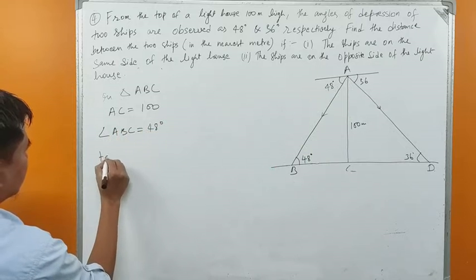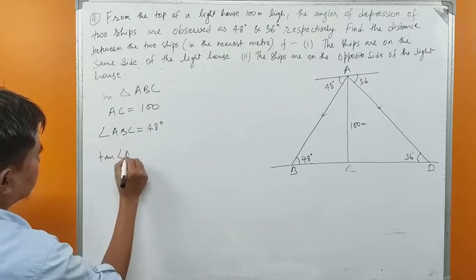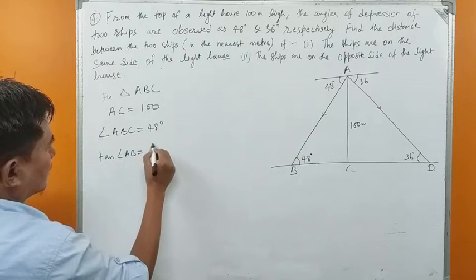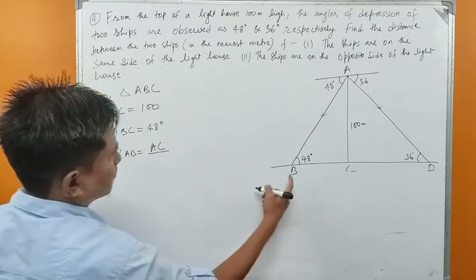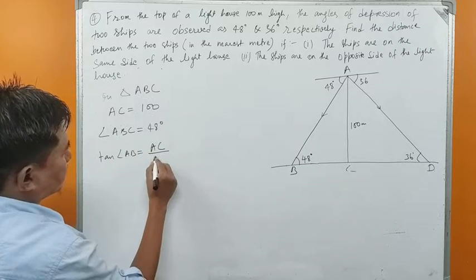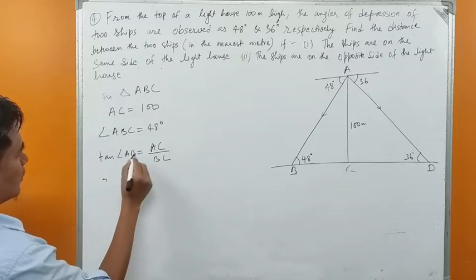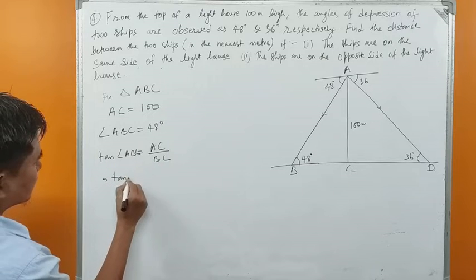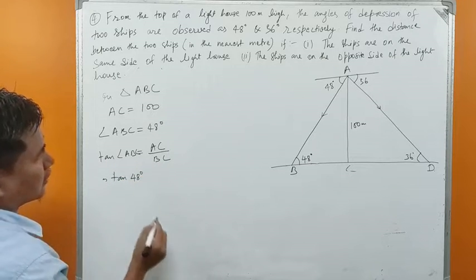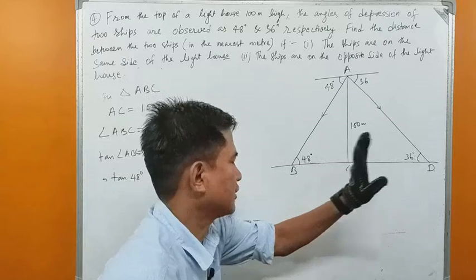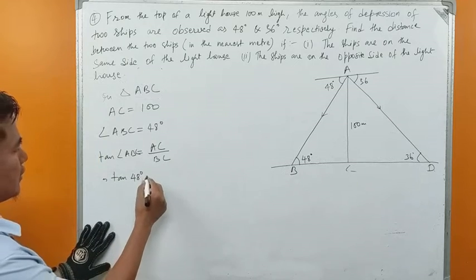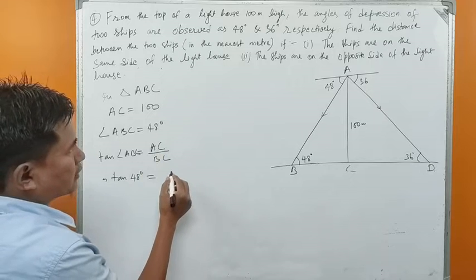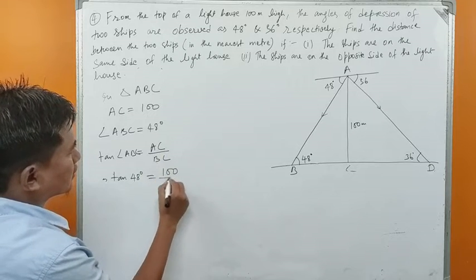So tan of angle ABC equals perpendicular AC by base BC. Okay, so tan of angle ABC is tan 48 degrees, isn't it? Now you can write 48 this side also, that side also, whichever side you wish. Tan 48 degrees equals AC, which is given to us, that is 100, isn't it?